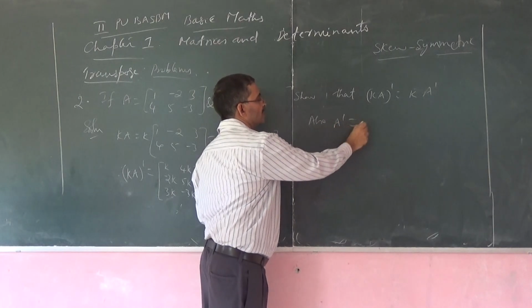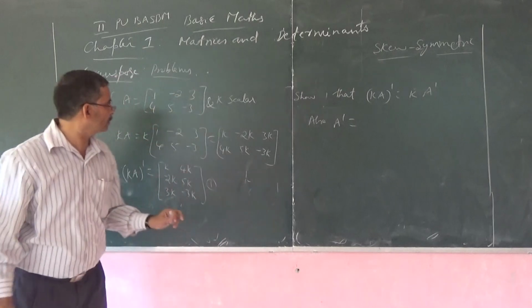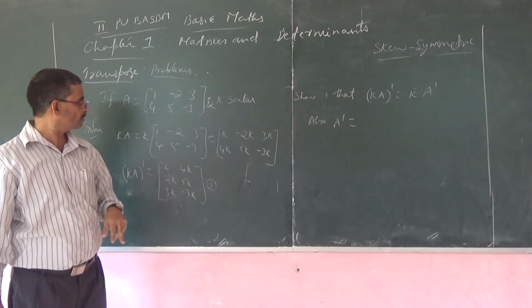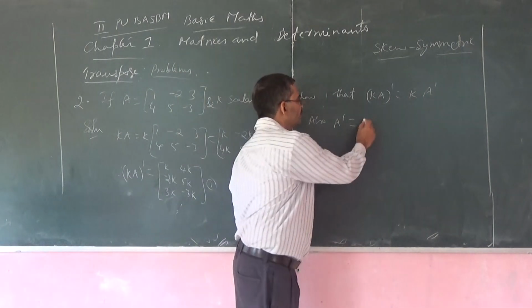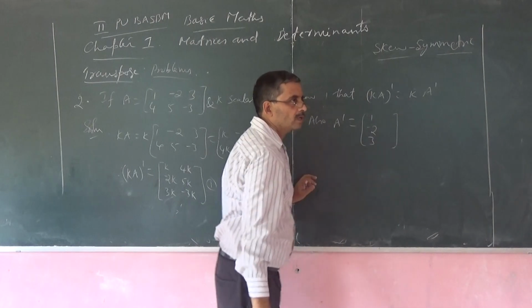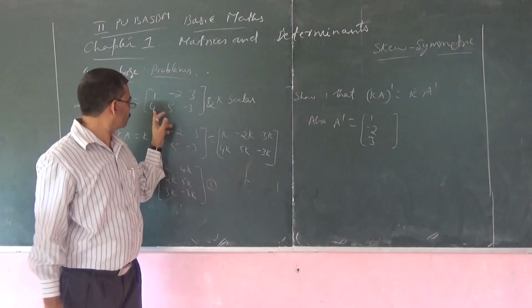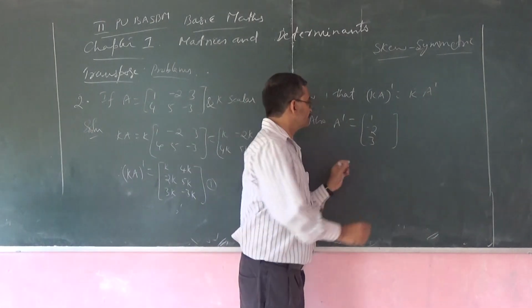A dash means A transpose, equal to: transpose is first row will become first column, 1, minus 2, 3, then second row will become second column, 4, 5, minus 3.